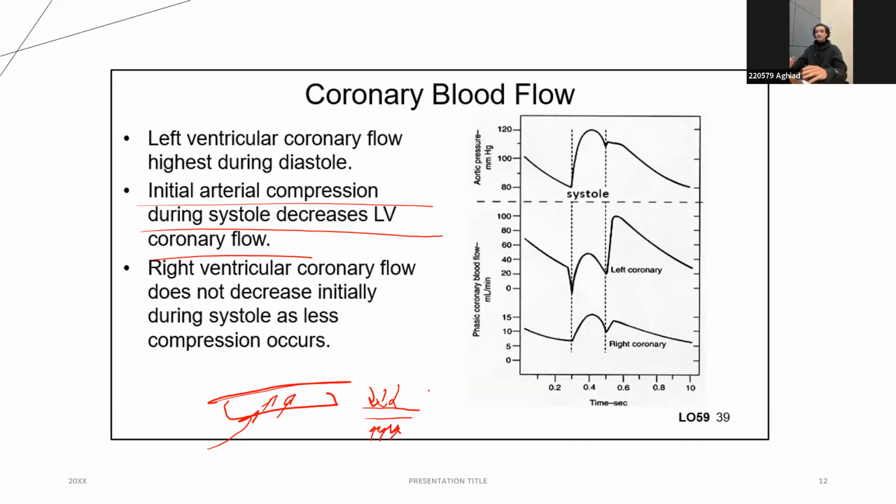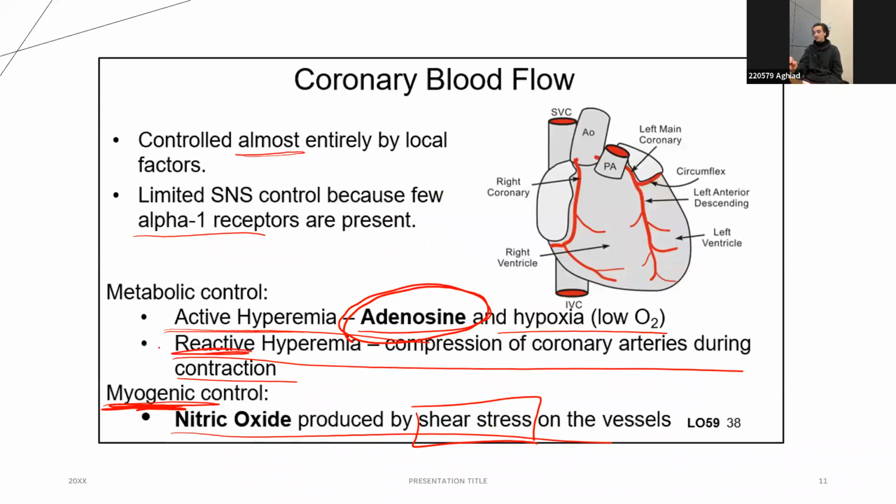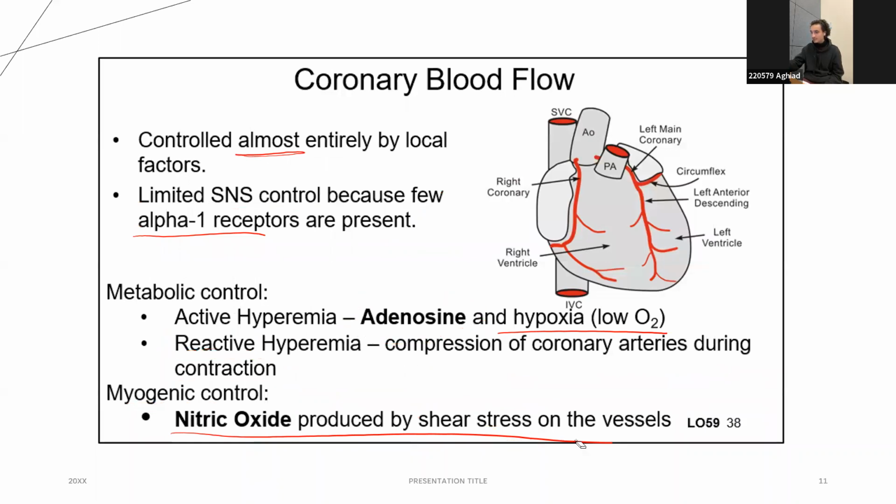As soon as the left ventricle relaxes, a surge of blood comes because it's relaxed more now. And that is similar to reactive hyperemia. Too many lines. You guys can read.